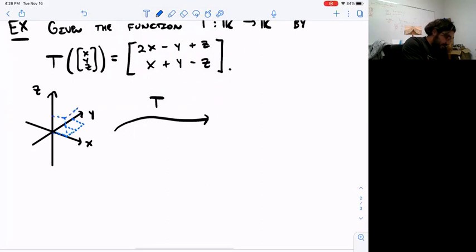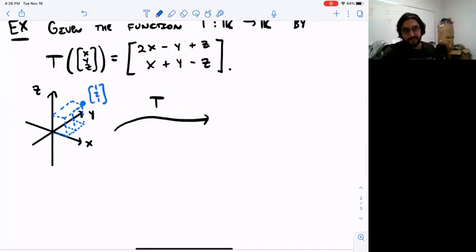In 3D here, let's go right up to that point. Right, that's going to be my x, y, z. And then I'm going to take T of it.